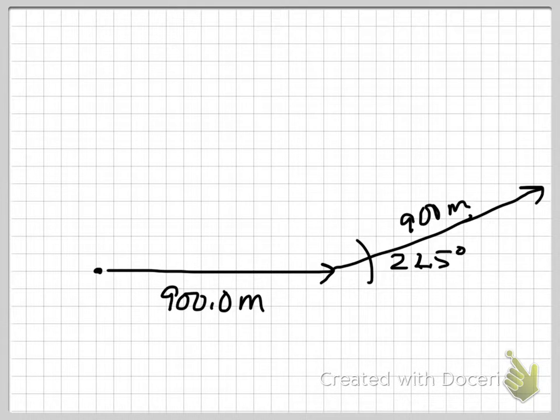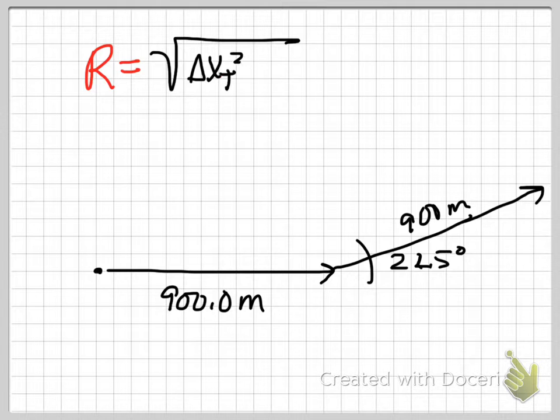Well, as always, we're going to start with these kind of problems. I always start off by writing this. The resultant is equal to the square root of delta x total squared plus delta y total squared. Because that reminds me that that's what I have to get to.